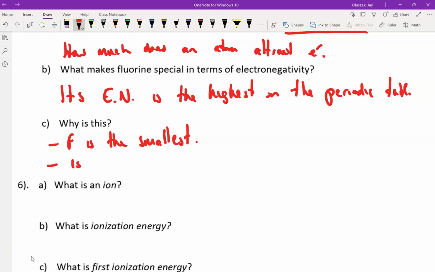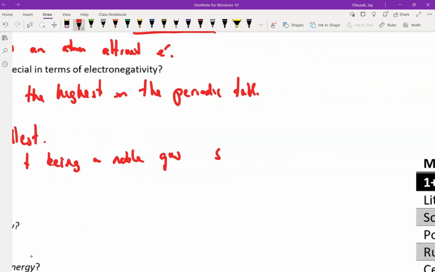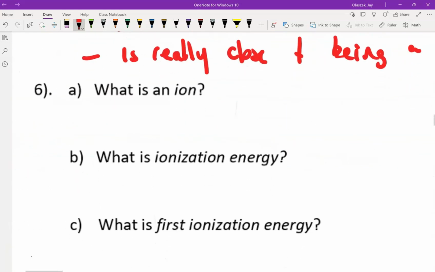Also, it's really close to being a noble gas, and that makes its tendency to attract electrons huge because it's desperately trying to add that extra electron to turn its electron configuration from s2p5, which is that of a halogen, to s2p6, which is a noble gas.